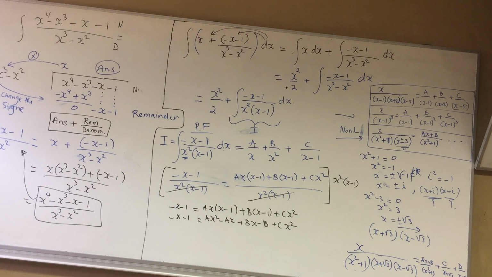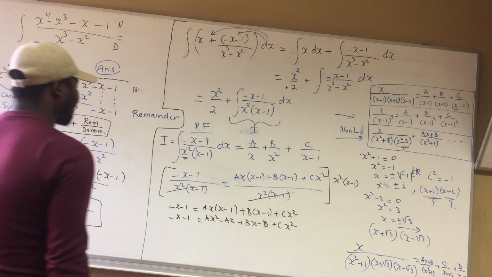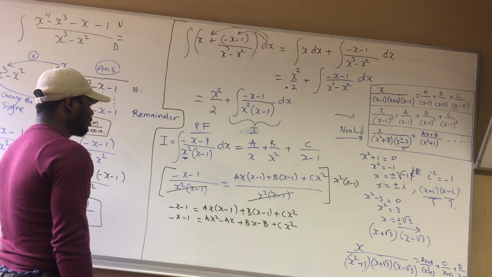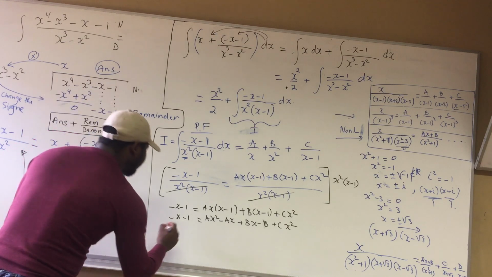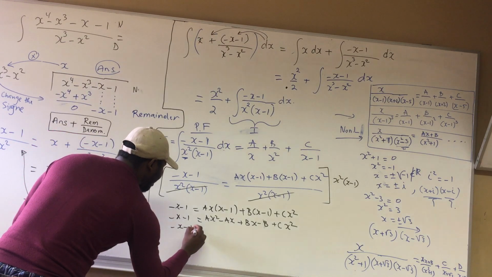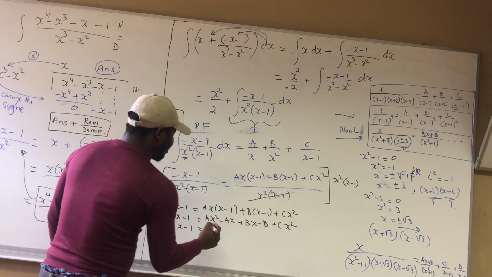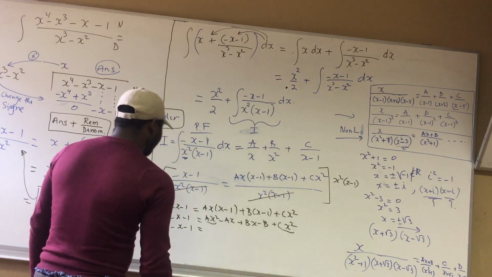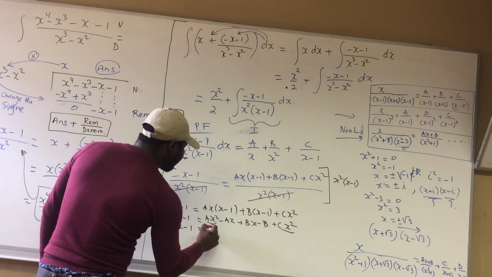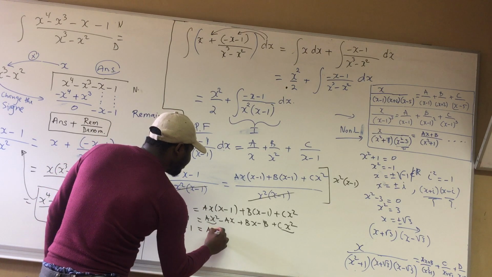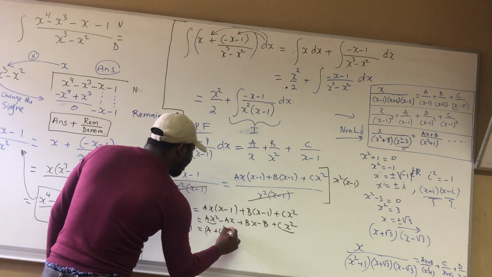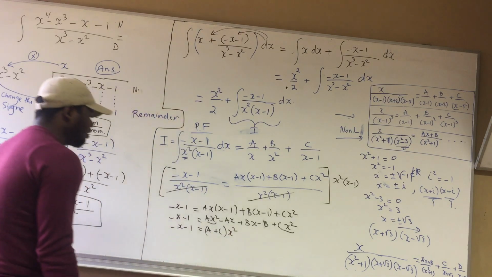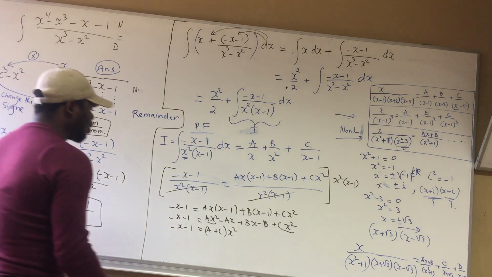I'm just double checking them. Alright. So, the next step will be to group them. Minus x minus 1 equal to, I have the term with x squared here, I have the term with x squared there. So it's going to give me a plus c, x squared. Alright?